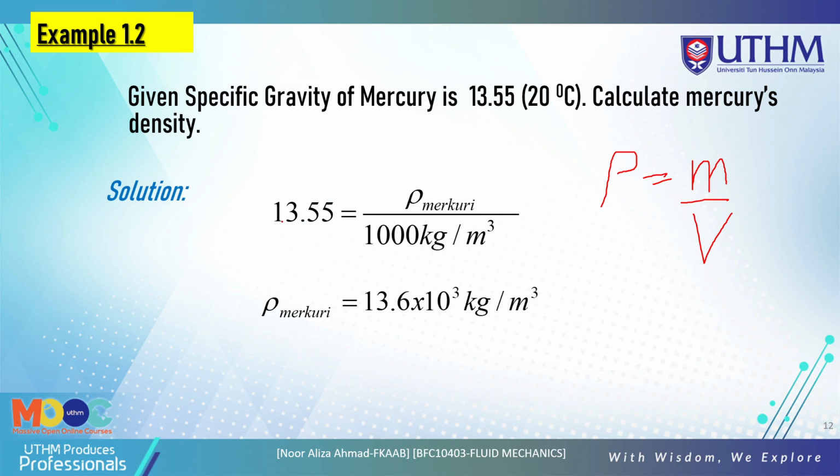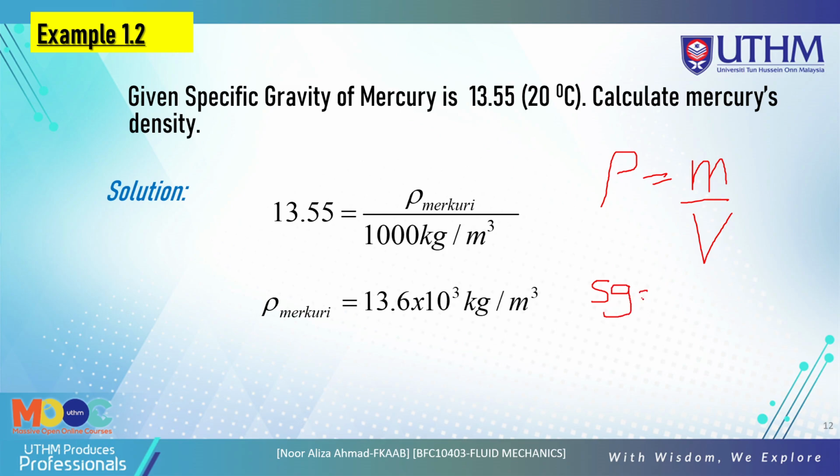To get the density of mercury, it is from specific gravity times 1000 here. Okay, so we just look at the volume, using the specific gravity equation.